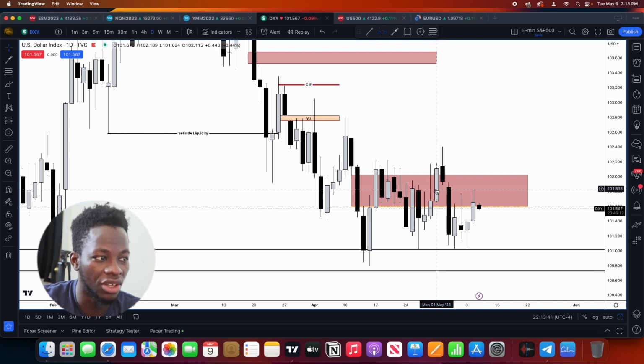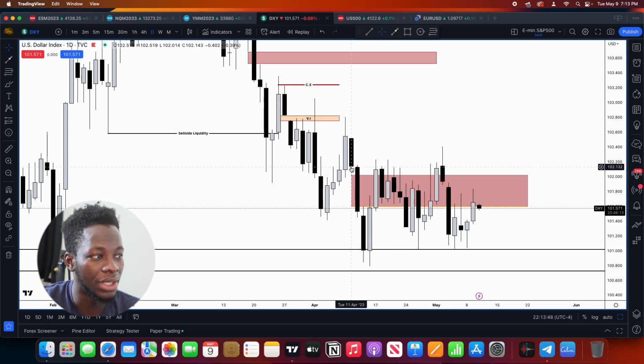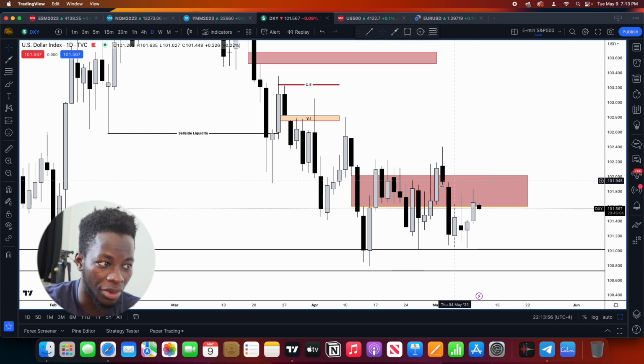Then at the beginning of May, we had NFP, so we had that crazy run up there, but we are still in the fair value gap, and we have an order block that price is respecting at the moment.